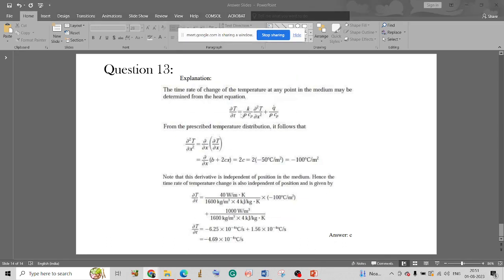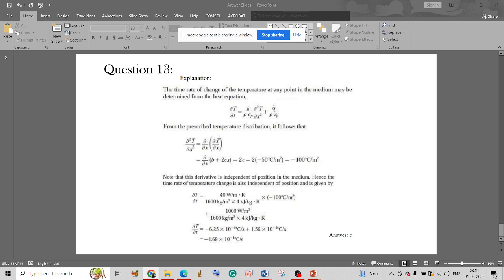First we will put the value of K, thermal conductivity, so it is 40 watt per meter Kelvin. Then the density, it is 1600, and then the specific heat capacity, that is 4 kilojoule per kg Kelvin. Then del square T del x square, that came out to be minus 100 degrees Celsius per meter square.